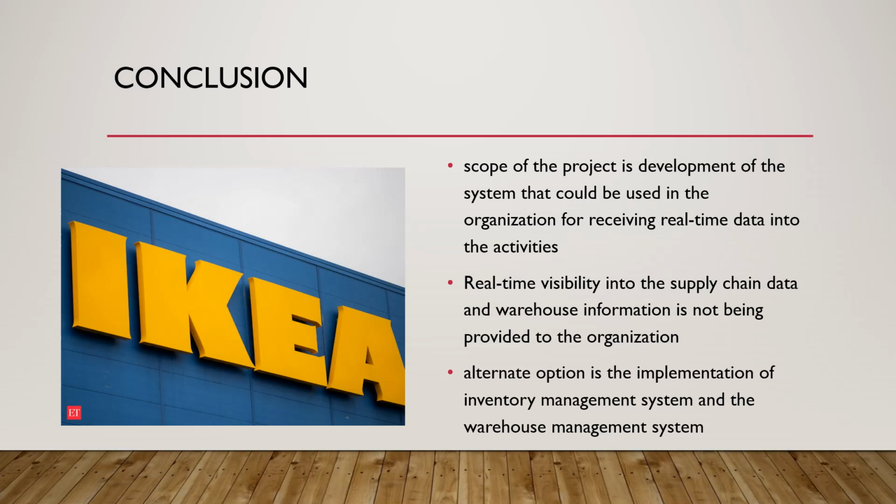As an alternative solution, the implementation of an inventory management system and a warehouse management system has been proposed. These solutions would provide the organization with the necessary tools to manage their inventory and warehouse operations, and it will become more efficient and improve the overall efficiency.